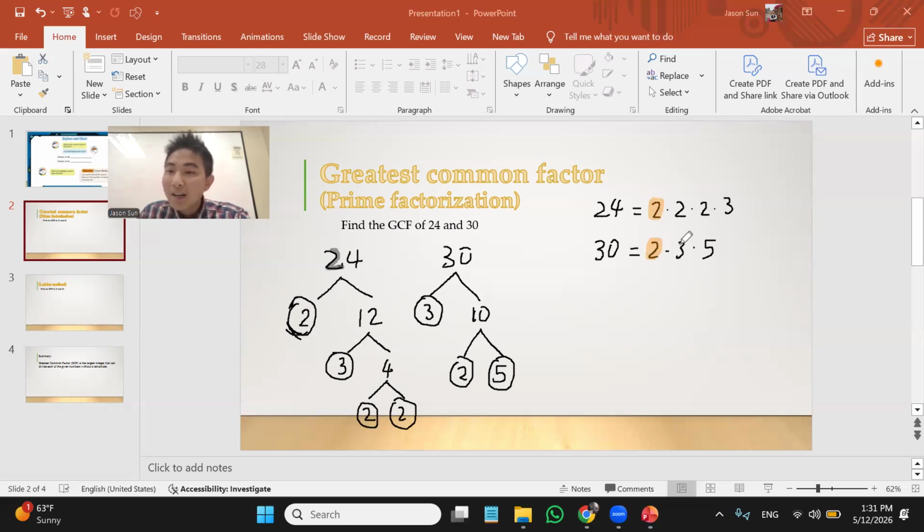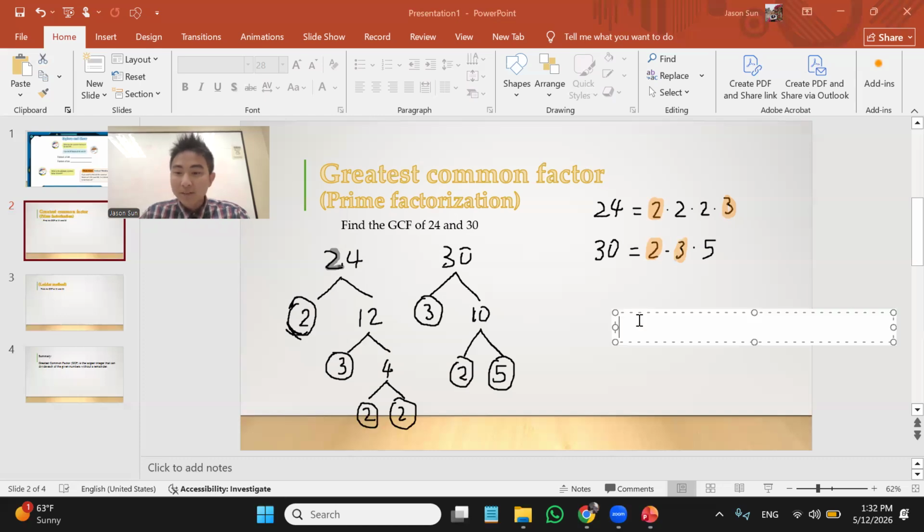Now, we do not have any 2 left for number 30, so we do not highlight the rest of the 2s in the 24, okay? But we do highlight number 3 because 3 and 3 are both in the prime factorization of 24 and 30, okay? And we do not highlight number 5 because 5 is not a part of 24, okay?